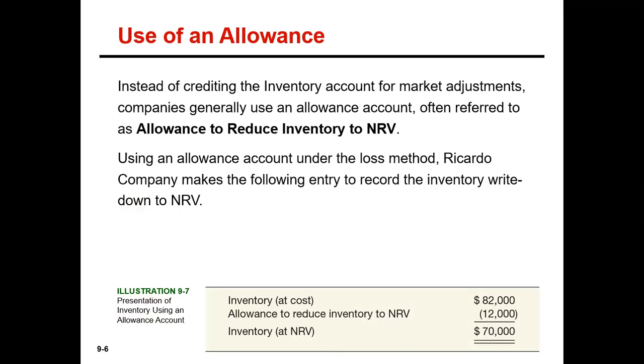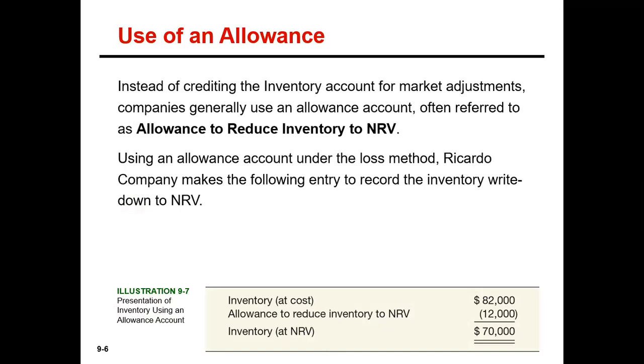And the way this allowance account would be set up is similar to the way we use the allowance for doubtful accounts. Remember, when we're talking about accounts receivable, we adjust the allowance for doubtful accounts every year.